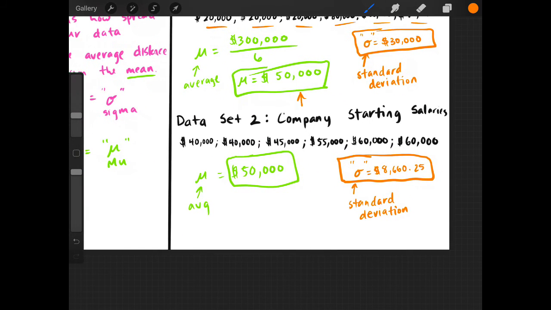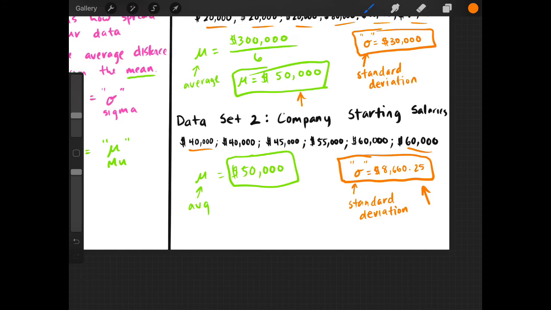If you look at that second data set, we have a bunch of starting salaries that are very closely related. They're going from 40 to 60, meaning our standard deviation was a lot smaller, 8,000 compared to 30,000. All of those starting salaries are a lot closer together.